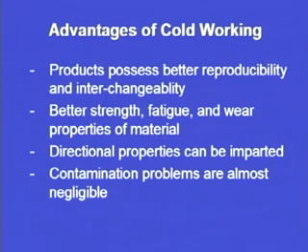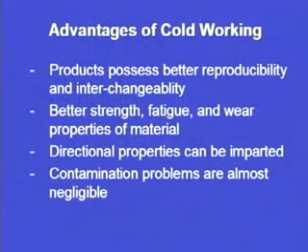Like the hook of a crane, which is used to lift the load, can be designed in such a way that it has certain directional properties along the cross section of the hook. Depending upon what type of properties are required in the hook, we can design the hook, and those directional properties can be imparted using the process of cold working.